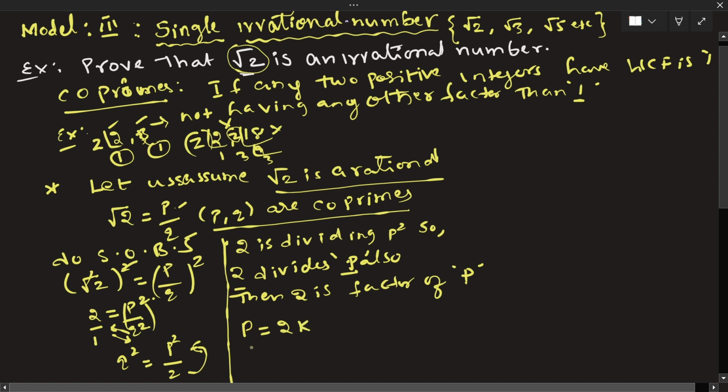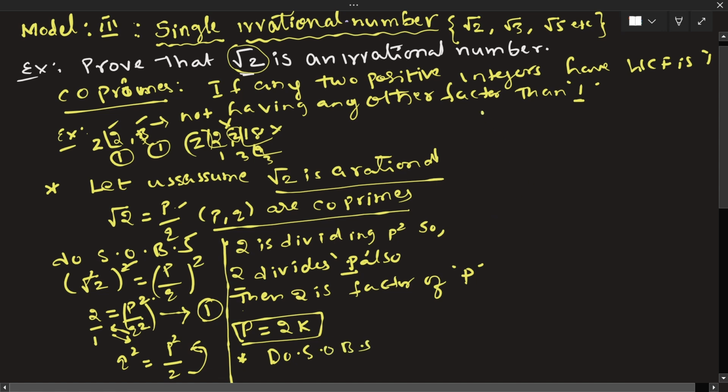Before that, whatever statement we got after squaring on both sides, we assume it as equation 1. After getting that, once again p equals 2k we will write down, and then once again we have to do squaring on both sides, students.